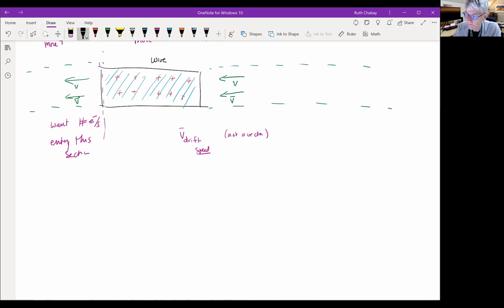Well, in 1 second, or in a time delta t, say, if all these electrons are moving at a speed v, they will have shifted over a distance v delta t.